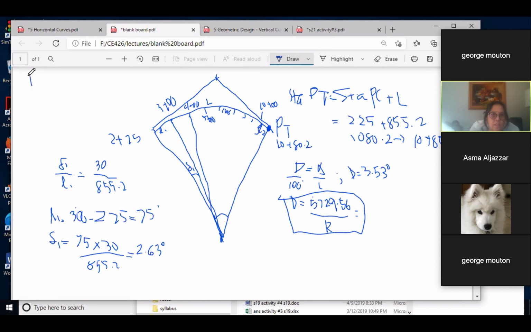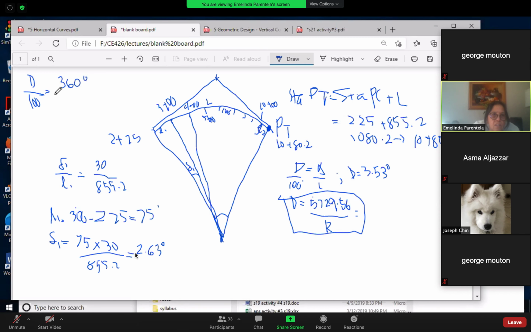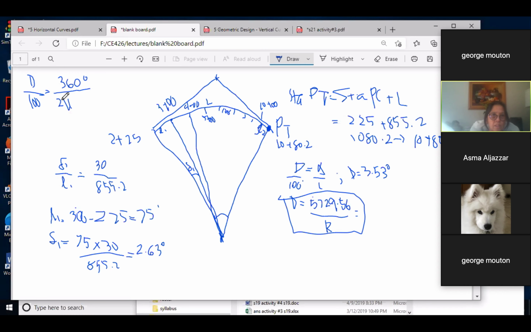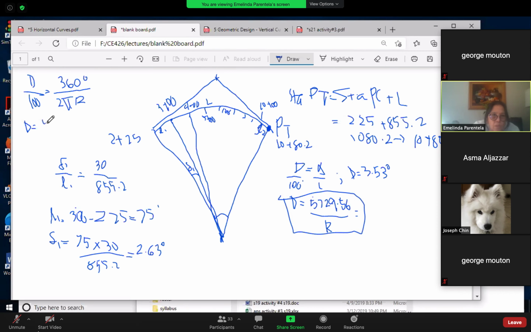So this 100 is to 360. 360 is the one circle, right? 360 degrees over 2 pi R. So 100 times 360 over 2 pi R, and that will give you 5729. Okay, yeah, I got it now.